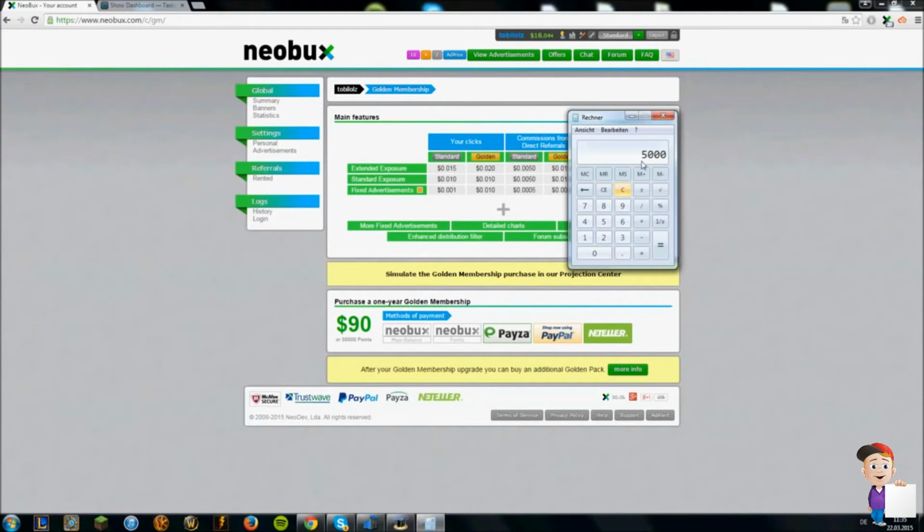First of all, 5,000 referrals cost around $1,000, and yeah, 1,500 clickers every day. This would be $60 a day, 1,800 a month, and subtracting the referral costs, which are $1,000, this would get you to a profit of around $800.